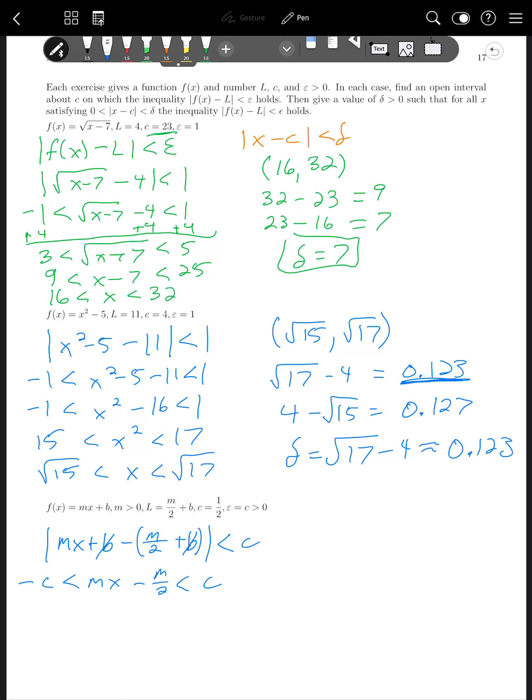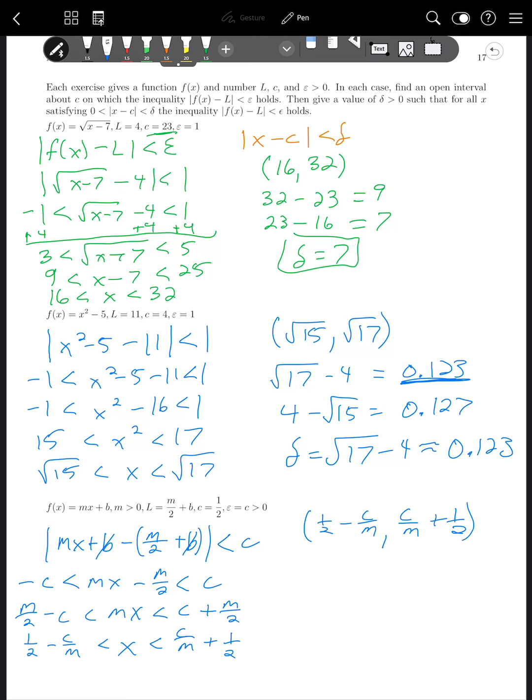And we're trying to solve for x, so add m over 2 to both sides. So m over 2 minus c is less than mx, which is less than c plus m over 2, and then divide by m. So m over 2 divided by m is 1/2, minus c divided by m, which is less than x, which is less than c divided by m plus 1/2. And so in this case, our interval, right, is going to be 1/2 minus c over m, comma, c over m plus 1/2.